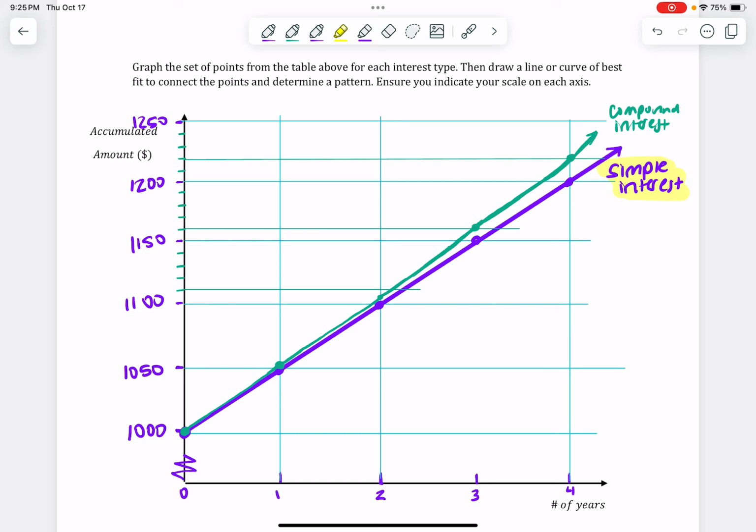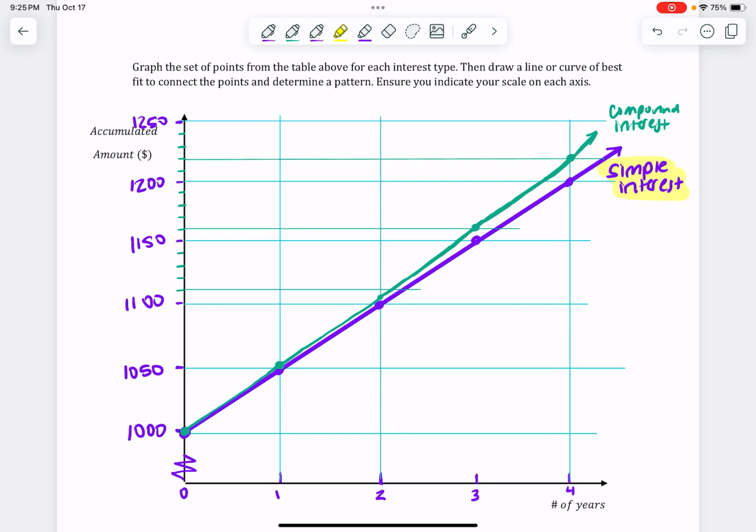And we noticed that every single year that we calculate it for, the gap's getting bigger and bigger. Like the gap was $1 and a couple cents in year 1, but we're close to a $20 gap in year 4. Okay? Because as you earn interest on your interest, you accumulate that added money faster.